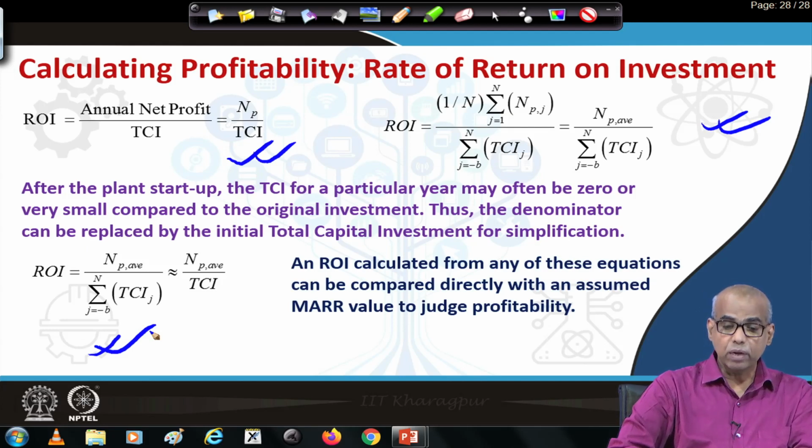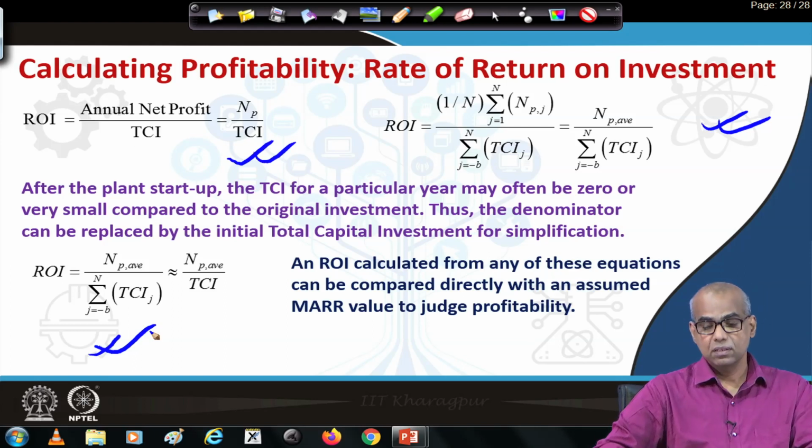Now, you can make use of any of these 3 equations and compute rate of return on investment. Now, compare this rate of return with the minimum acceptable rate of return value.